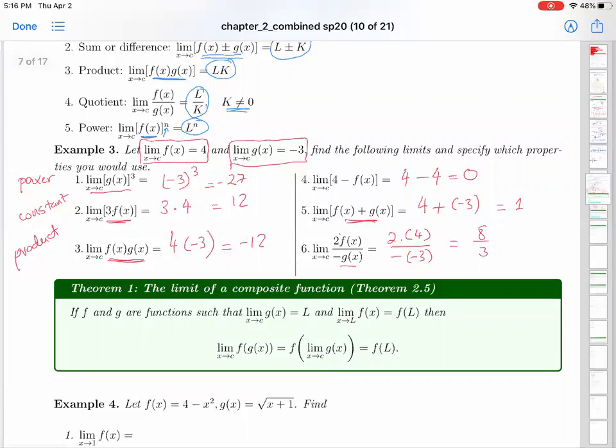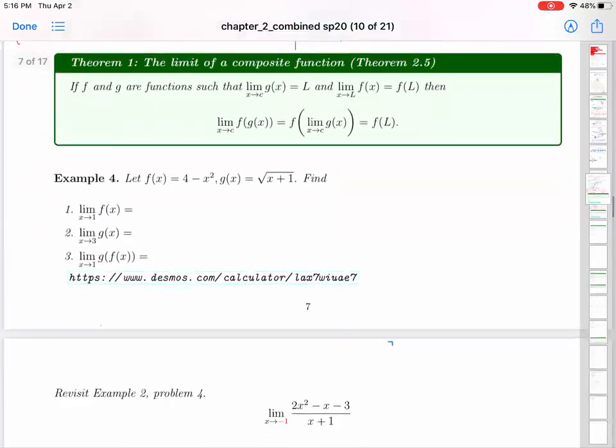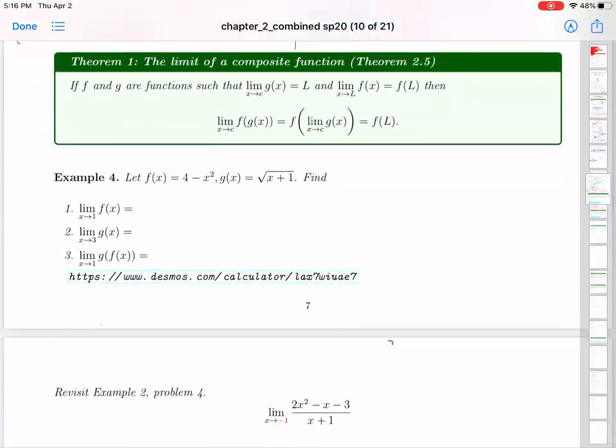All right. Next, we can talk about the limit of composite functions. That's a theorem that you can apply to find the limit of composite functions if two conditions are satisfied. Let f and g be functions such that the limit of g of x as x goes to c equals L. That means the limit of g of x as x goes to c exists, right?